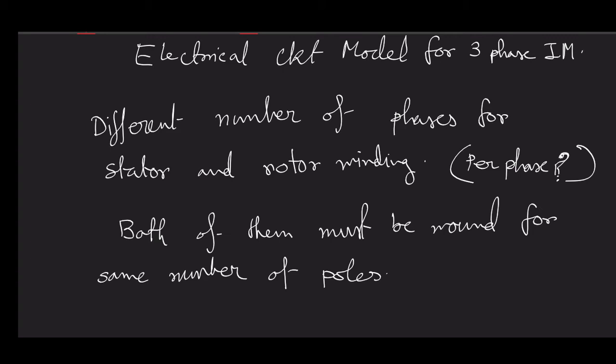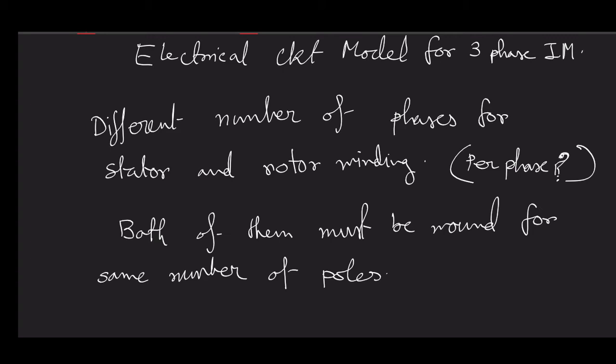If you go back to that connection, there were actually two primary windings, but if you consider that the same amount of current was drawn from each phase, it could be visualized by considering only the primary side.